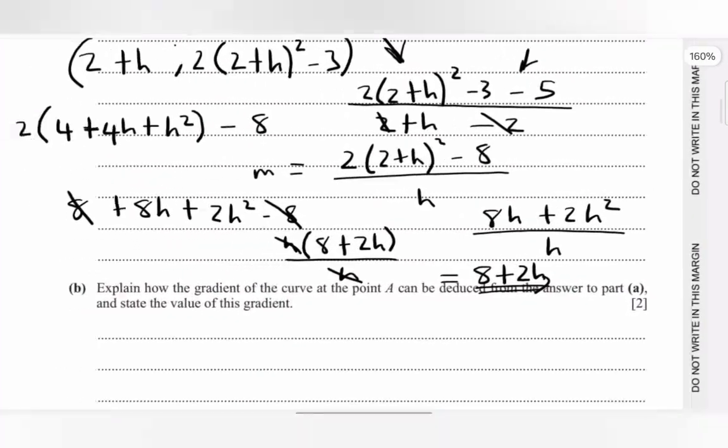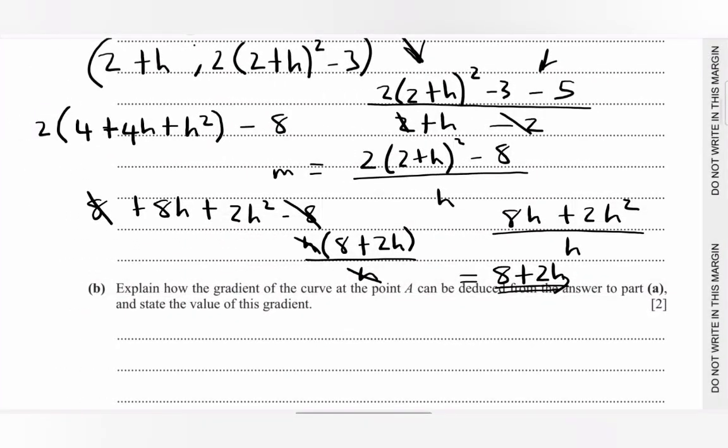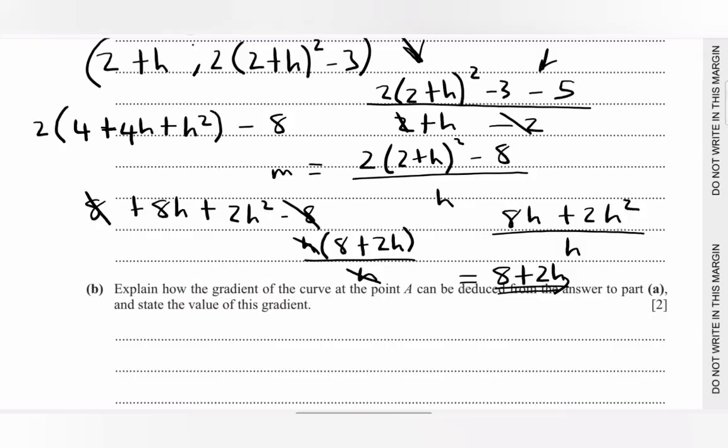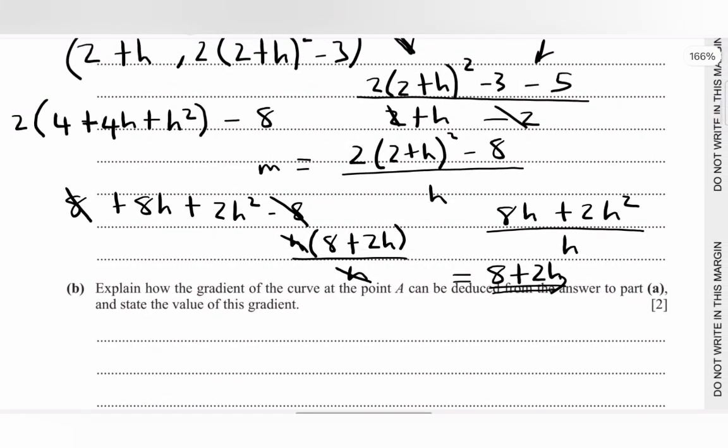And B is saying explain how the gradient of the curve at the point A can be deduced from the answer to part A and state the value of this gradient.